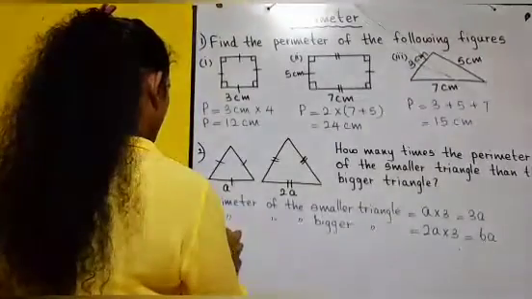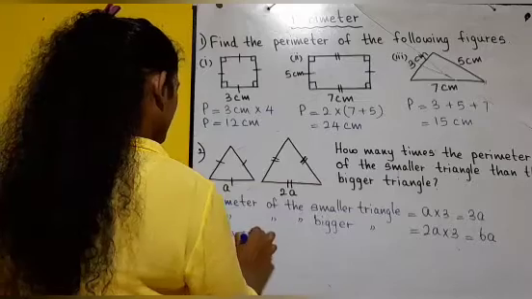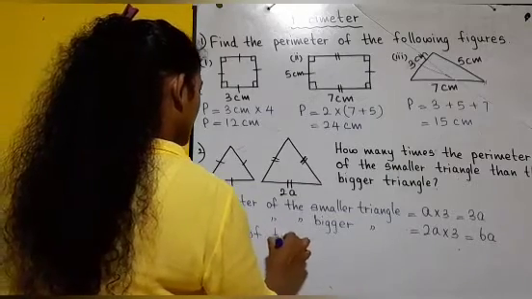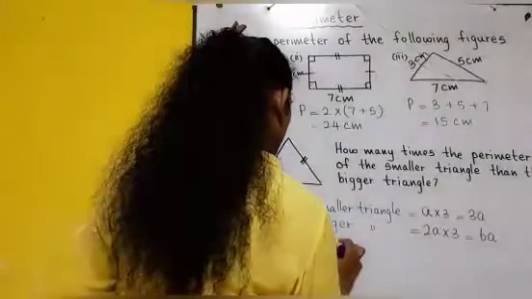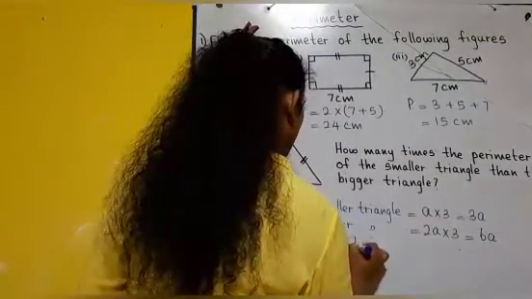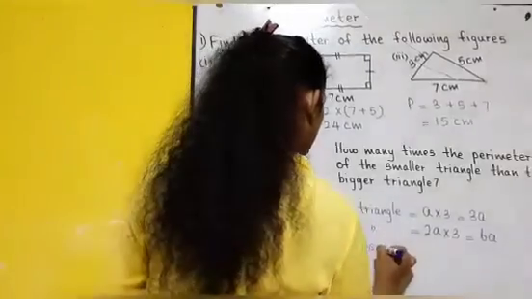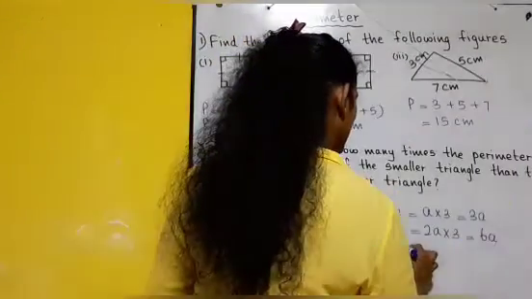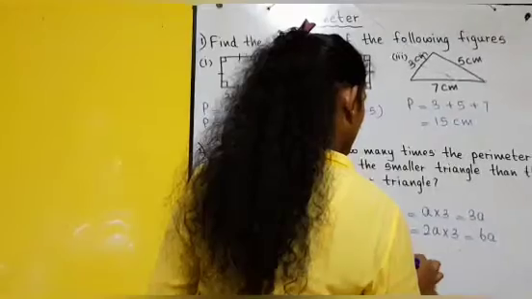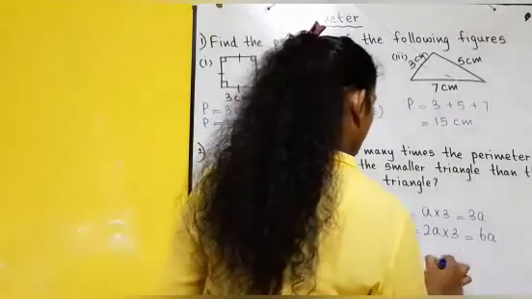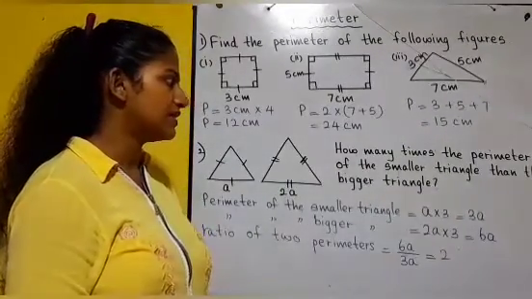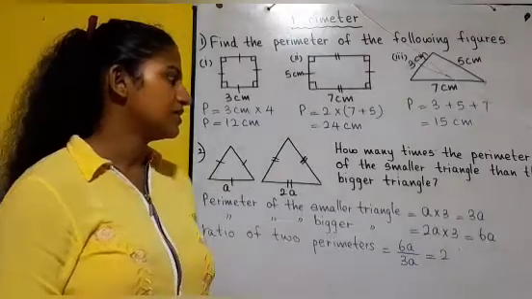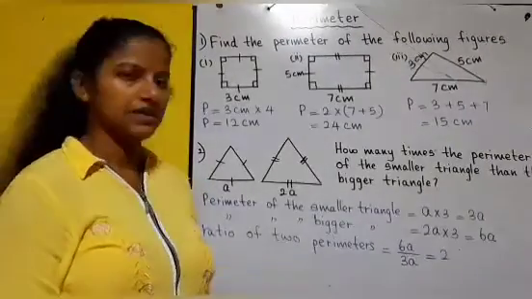Ratio of 2 perimeters. 6A divided by 3A. We obtain 2 as the answer. So we can conclude that the smaller triangle is 2 times less than the bigger triangle.